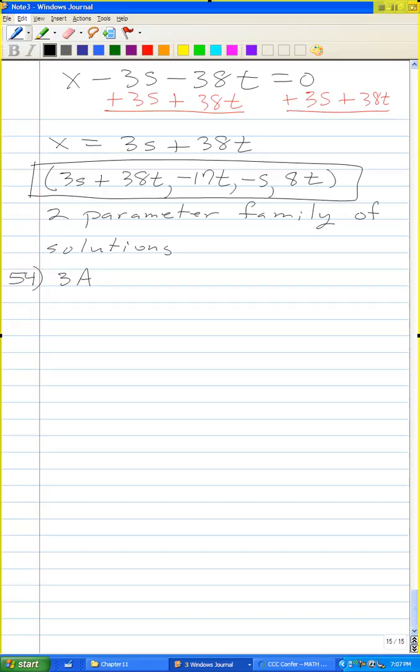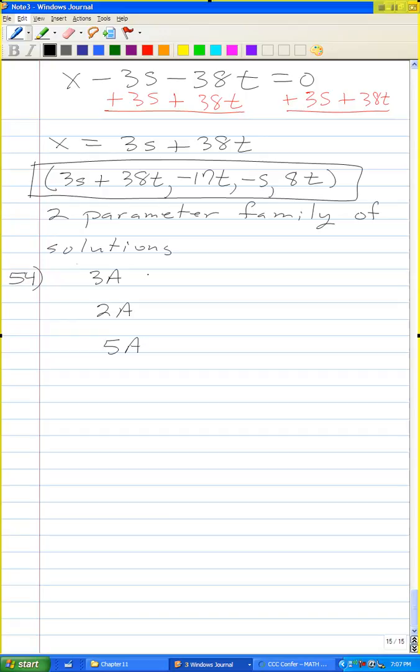I'm sorry, 3 units of protein, 2 units of fat. So let's leave a little space here. So it has 3 units of protein, 2 units of fat, and 5 units of carbohydrate.